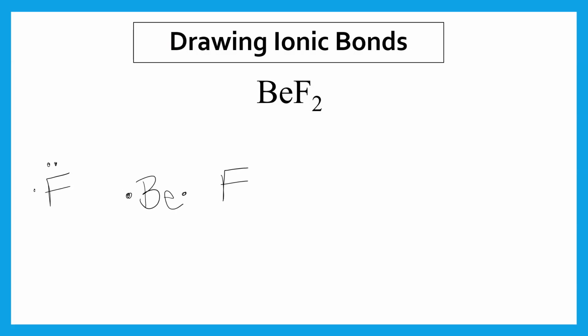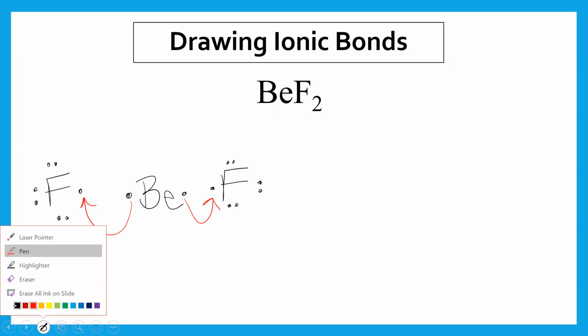Fluorine is in group 17, 7 valence electrons. Once again, I'm going to show the metal beryllium can give 1, and fluorine needs 1. So this electron will be given, fluorine will take it, ionic bond, a give and a take.